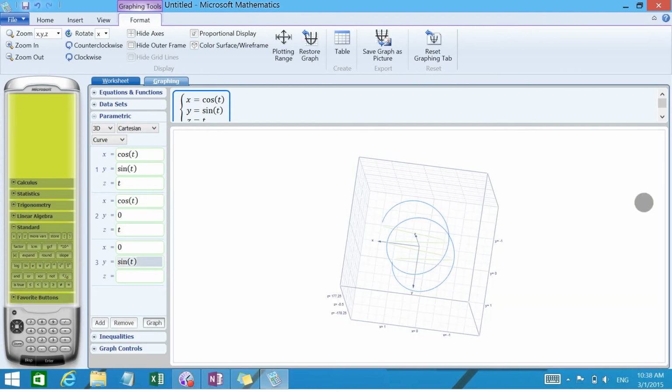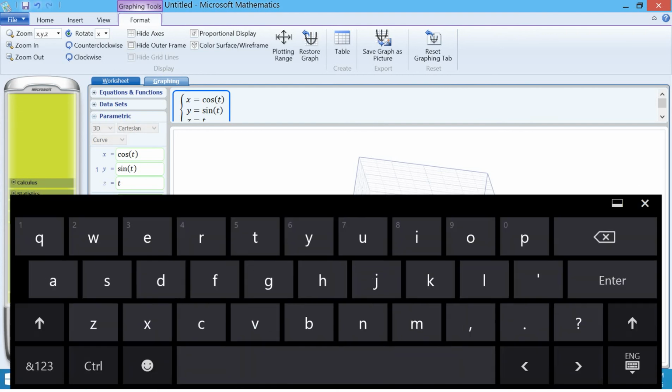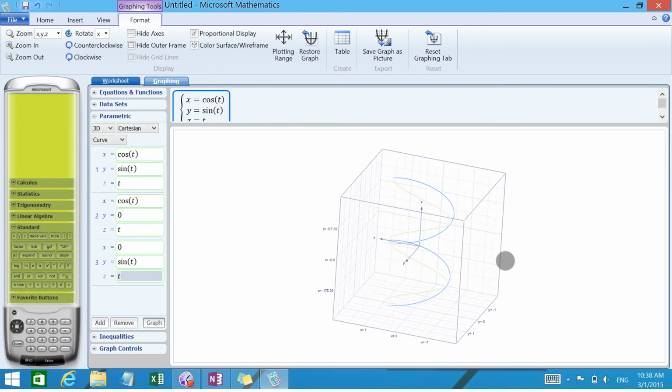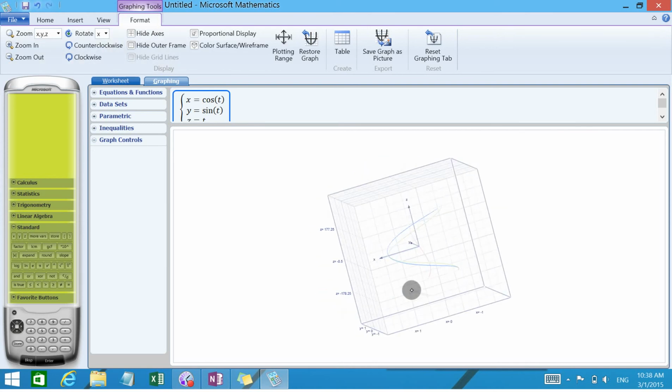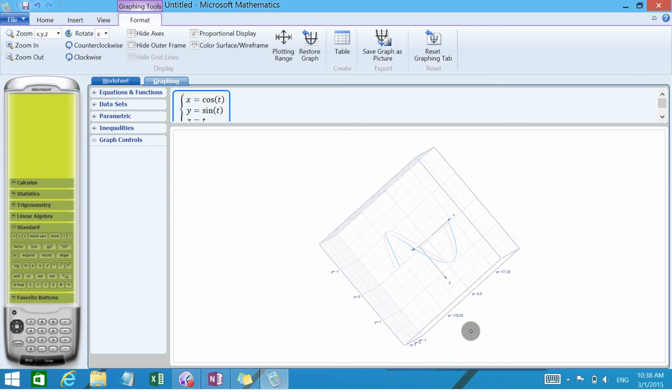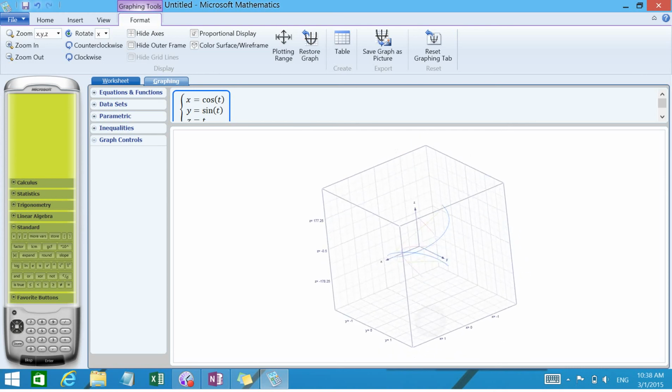And again, z is just going to be t by itself. I'm going to graph it, and I may have to adjust my t again, but it doesn't really matter here. Let me just zoom in a little, make this a little bit bigger.